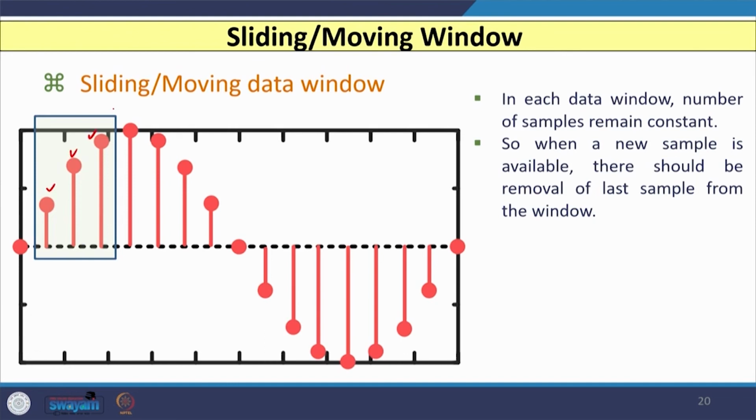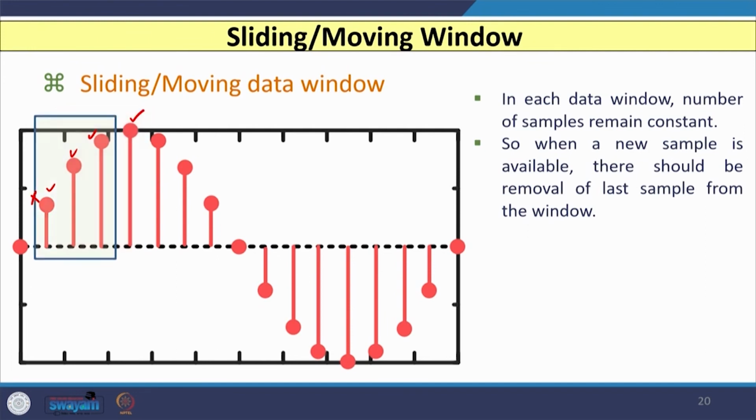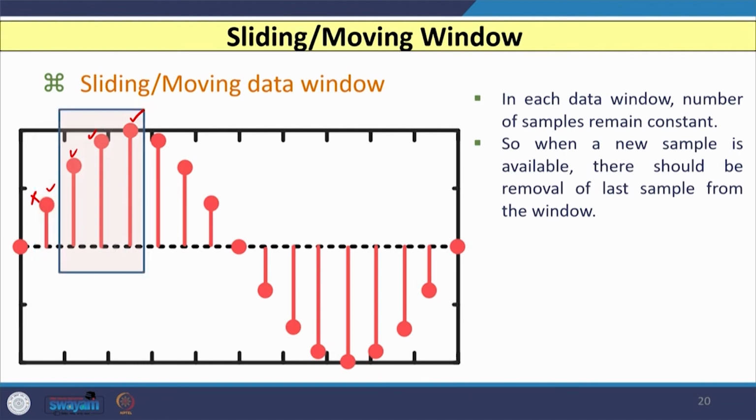Now, whenever the next window is considered, this sample is discarded and this sample is moved into the data window. So, again I repeat, 3 samples. When I take the next window, the number of samples in a window remains constant, that is 3 here.